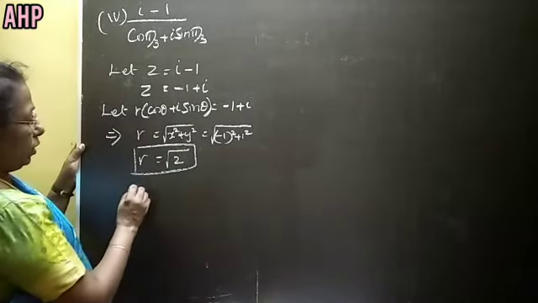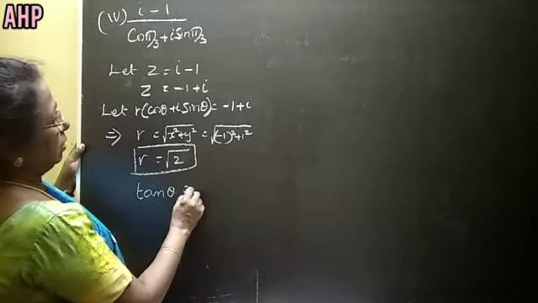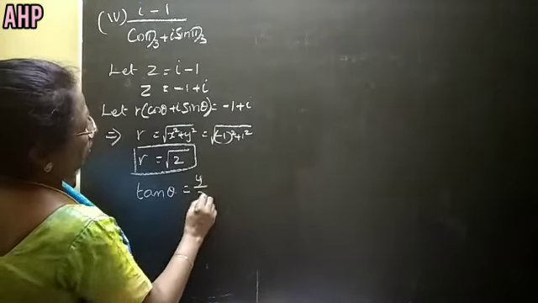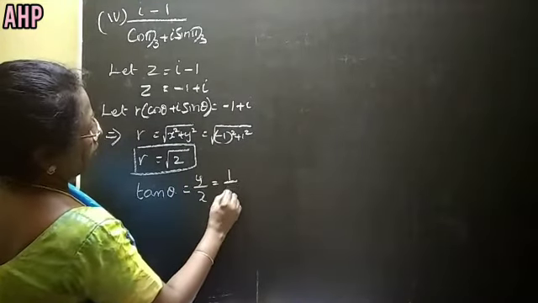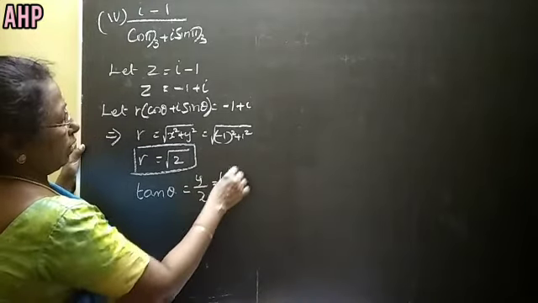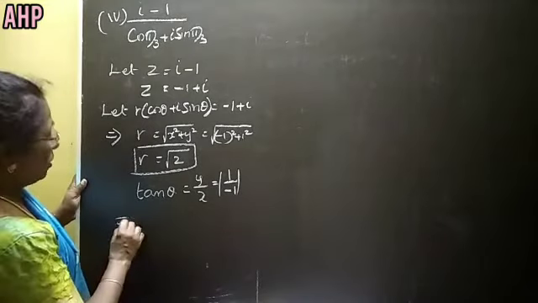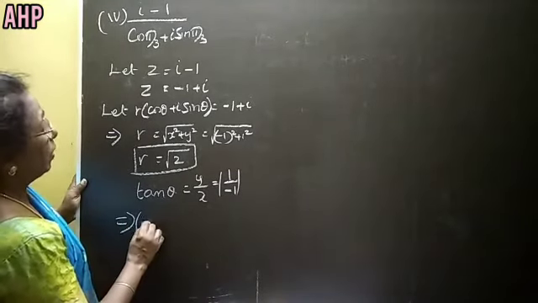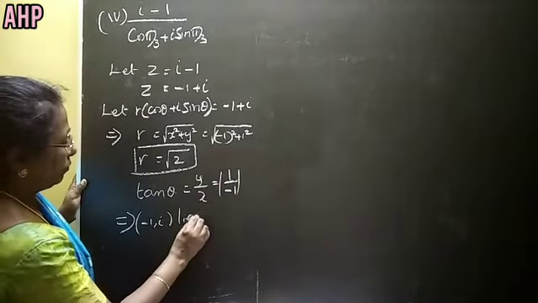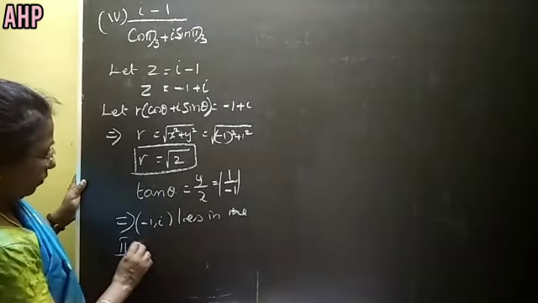Next we are supposed to find out tan theta. So tan theta is equal to y by x. So y value is 1, x value is minus 1. So modulus of this value is your tan theta. This implies the point minus 1 comma i lies in the second quadrant.